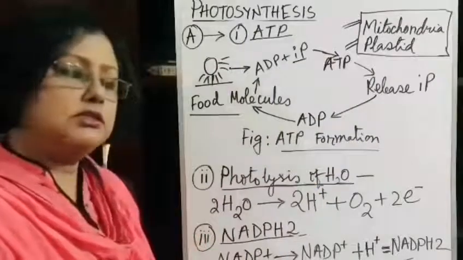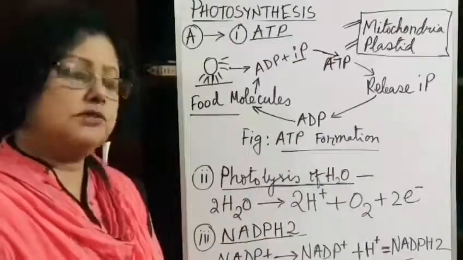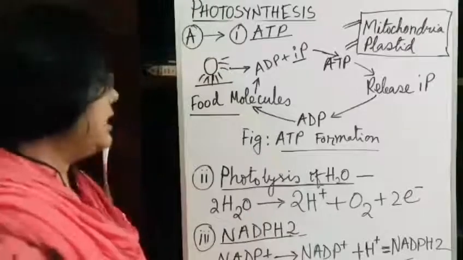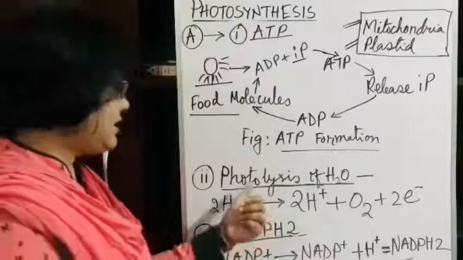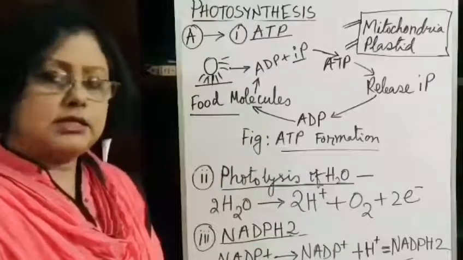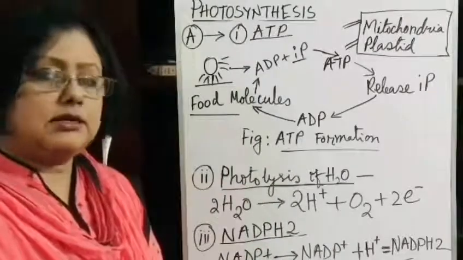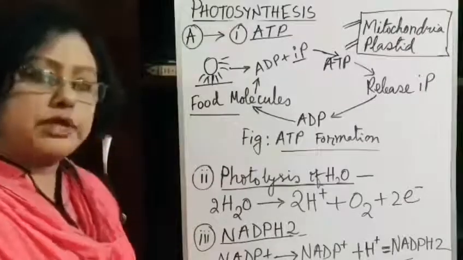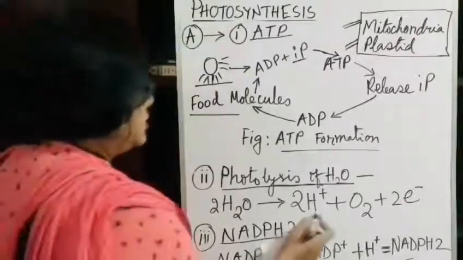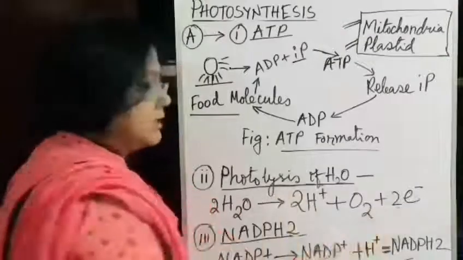Water enters through the xylem to the leaves and enters the chloroplast in the thylakoid membrane. The energy from the sunlight is absorbed as photons, and that energy from the photon is used to break down the water into hydrogen ion, oxygen molecule and electron.